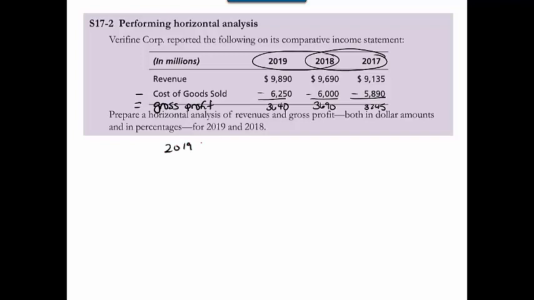2019 over here, and I'll do 2018 over here. And so the first thing they want, the change in dollar amounts and in percentages. Okay, percent change. So they want revenue and gross profit, right?